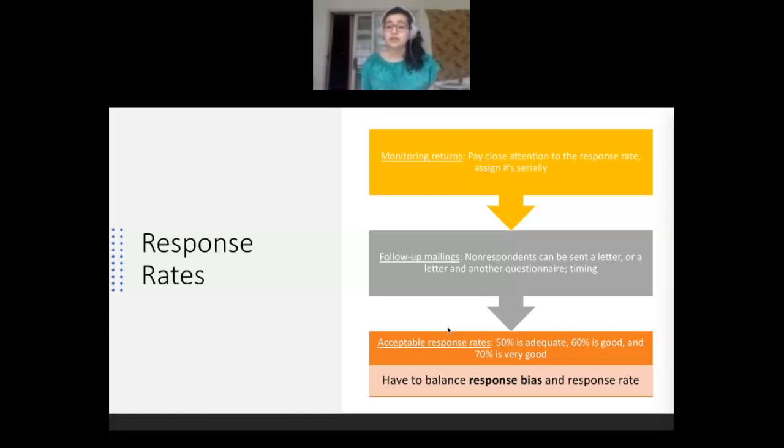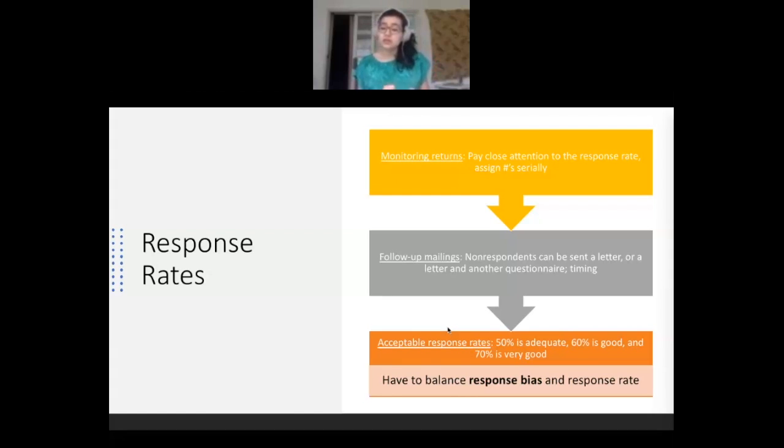You can also put a unique identifier on the questionnaire, so you know who submitted what and who you need to follow up with. So you can track in real time your response rates. When you're doing online surveys, there could also be financial incentives to increase response rates.